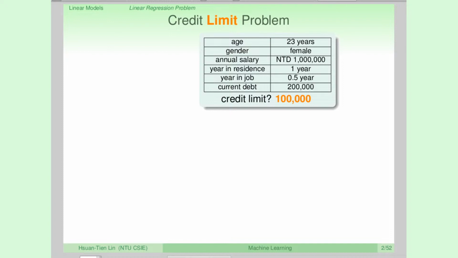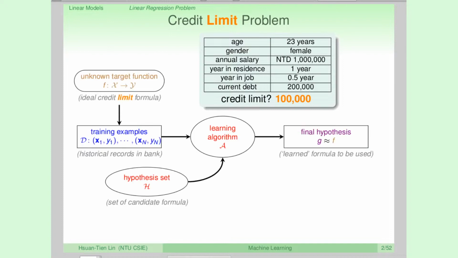In the credit approval problem, we use the application profile to decide whether to give the particular applicant a credit card or not. Now consider another problem where we are trying to decide the credit limit that we're going to give for each applicant. So the credit limit is a real value instead of a binary decision.